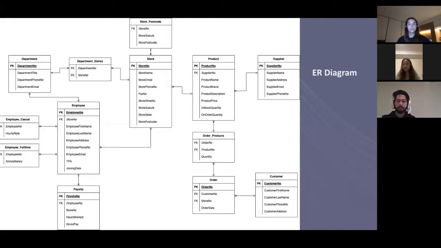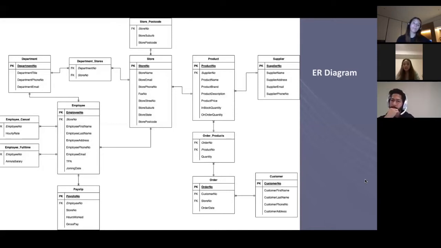We also can't have any multiple values or composite attributes in a table. Looking into our store table, we have a primary key, store number, and the attributes store name, store email, store phone number, etc. They are very simple and indivisible as well, and there are no repeating values in that table.